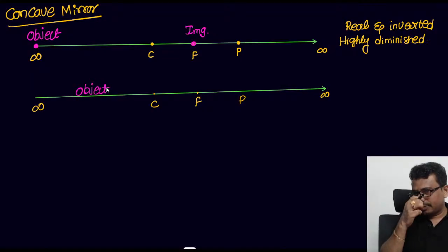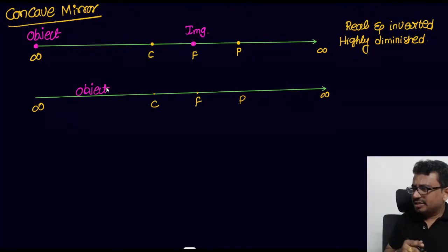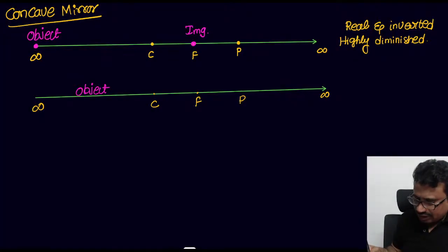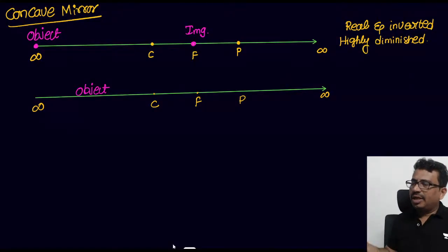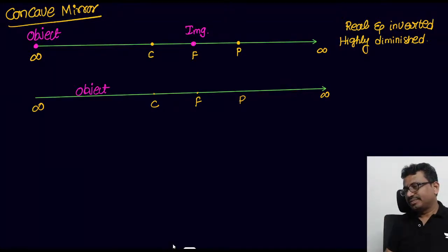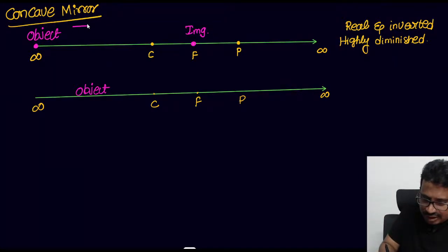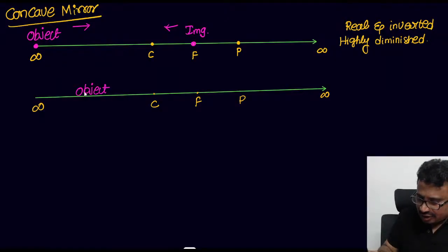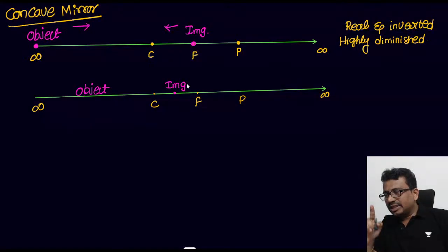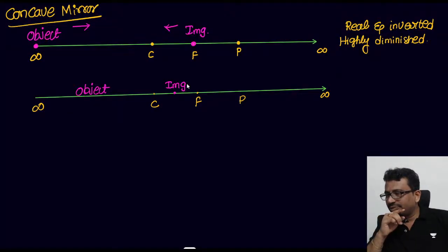If the object comes in between minus infinity and the center, if the object moves to the right side, the image will move to the left side. If the object moves in this direction, the image will move in this direction. That means the object is shifted from here to here, so the image will shift to here somewhere. That means where will the image form, you tell me, in between the center and the focus. In between the center and the focus, the image will be formed.